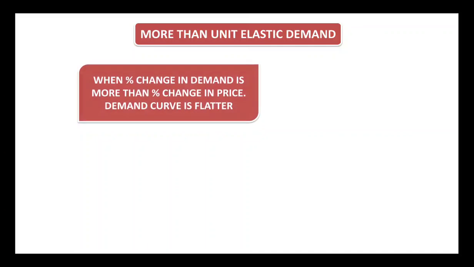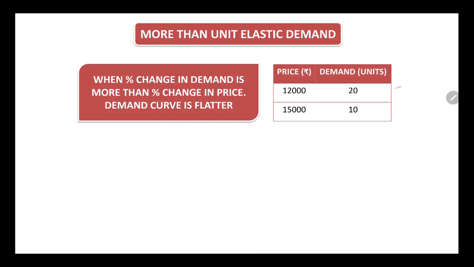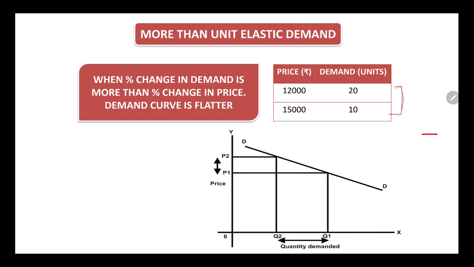The next that we have is the more than unit elastic demand. Under the more than unit elastic demand, it says whenever the percentage change in the demand is more than the percentage change in the price. So exactly opposite to the less than unit elastic. Accordingly, numbers have been taken, right? And what would be the elasticity over here?